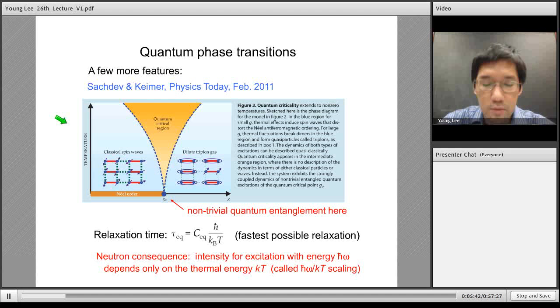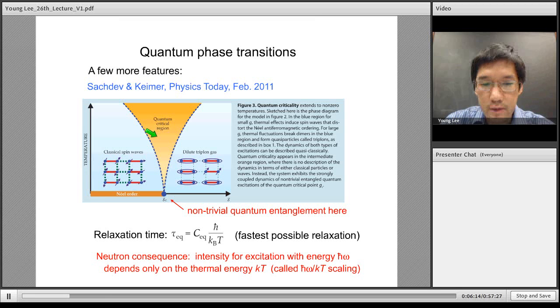And you can go between states where in this case you have magnetic order with classical spin waves, and on this other side you have a disordered state, essentially with singlets, where the excitations are called triplets or triplons. And then in between, at T equals 0, there's a single critical point, but then you have this quantum critical region where the effects of that critical point will be strong.